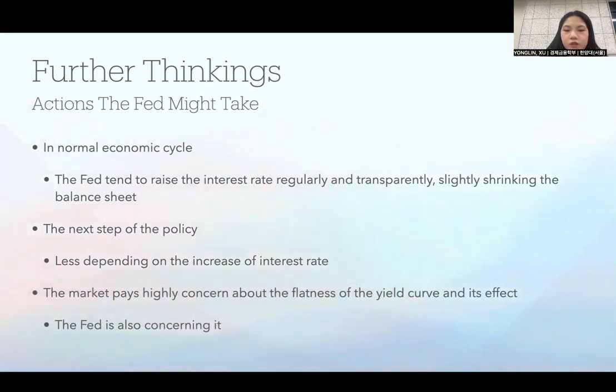The Fed will reach its policy goals and re-tighten the curve by doing those. This is what people expect, and I think it's very reasonable to think like that, because that is one economic cycle. So this is basically what the Fed will do in one economic cycle.